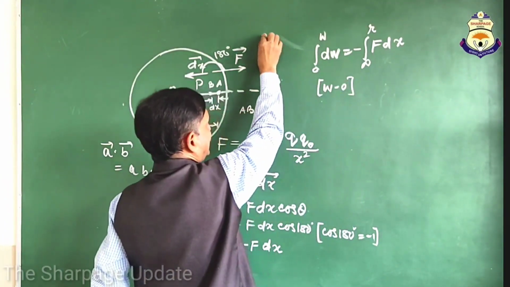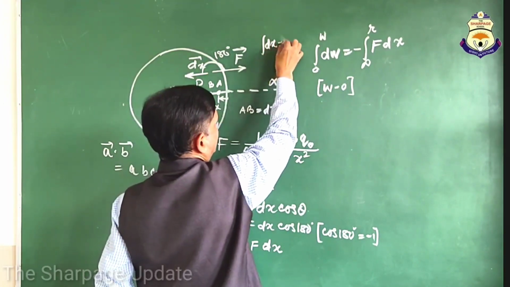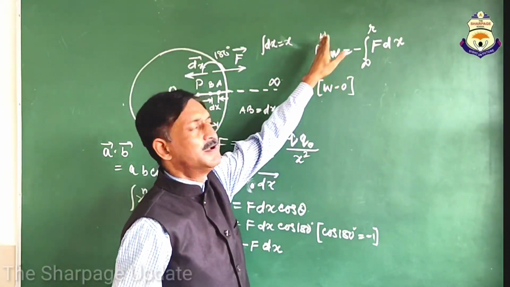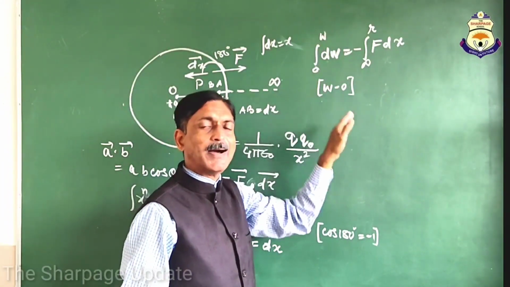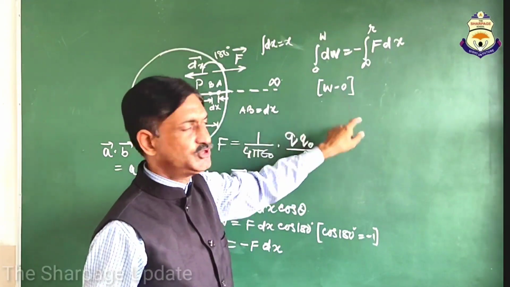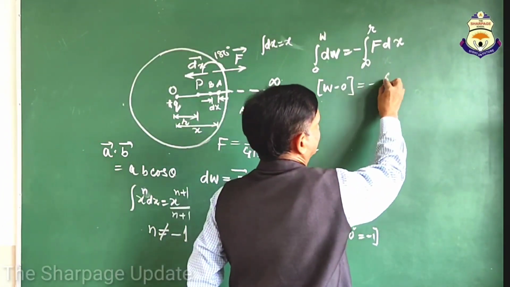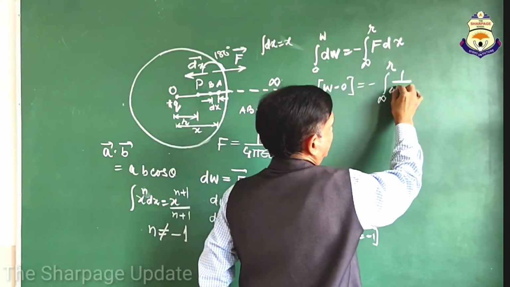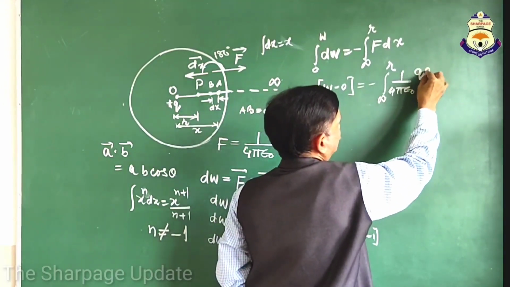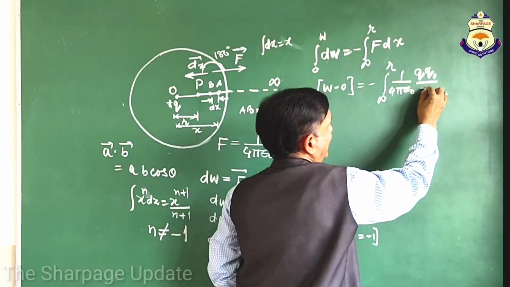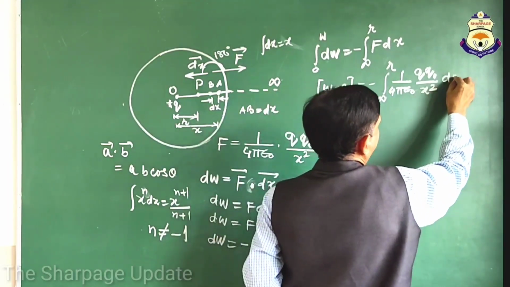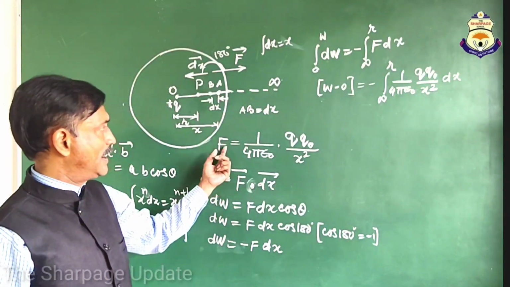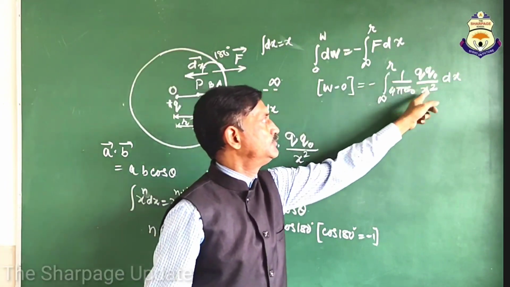And as we know that integral of dx equal to x, so integration of dW is equal to W, and by substituting the limits, upper limit minus lower limit, we get W minus 0 equal to minus integration infinity to r, 1 upon 4 pi epsilon 0 q0 upon x square dx. Means by substituting the value of F from here, F equal to 1 upon 4 pi epsilon 0 q0 upon x square.